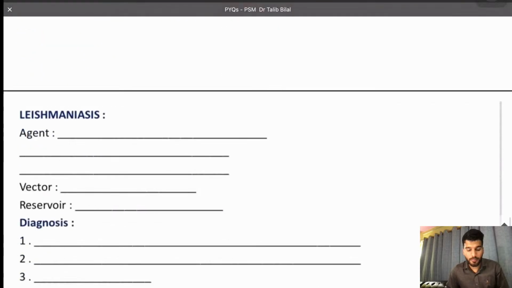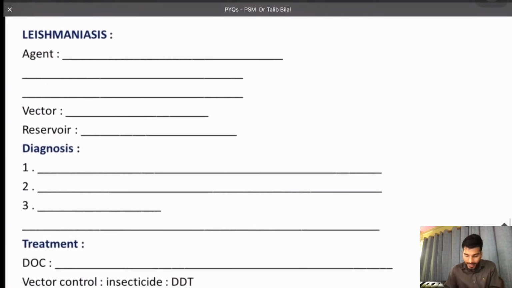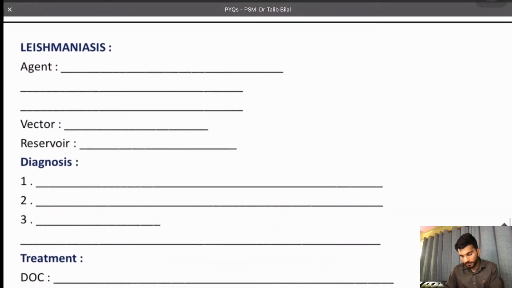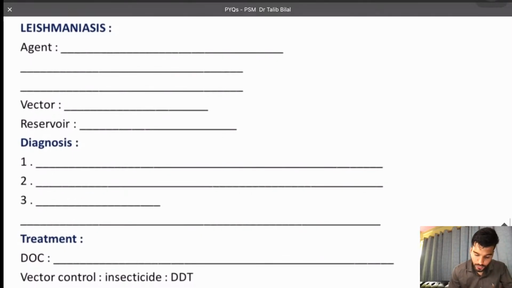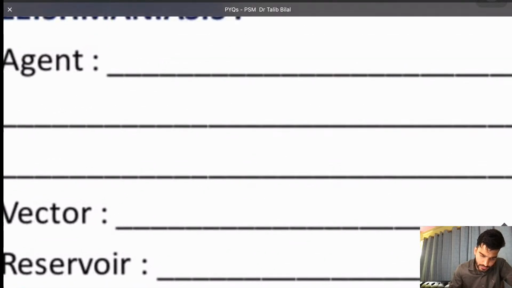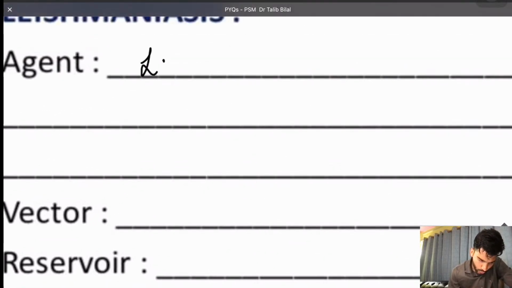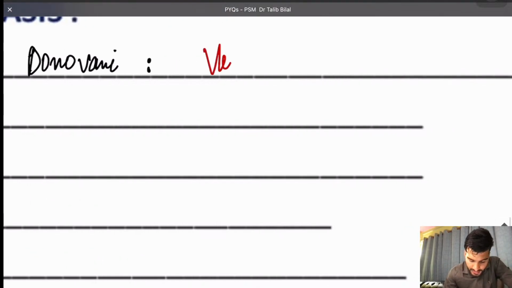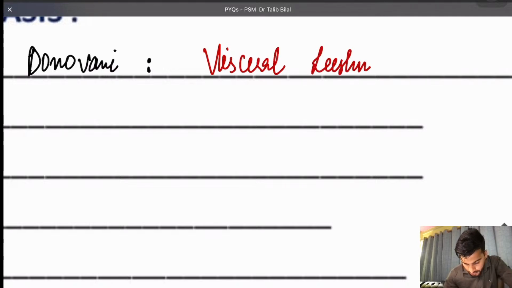So let's discuss everything about leishmaniasis, guys, from micro as well as from the PSM point of view. If I talk about the agents of leishmaniasis, we have three: Leishmania donovani, which will cause visceral leishmaniasis.